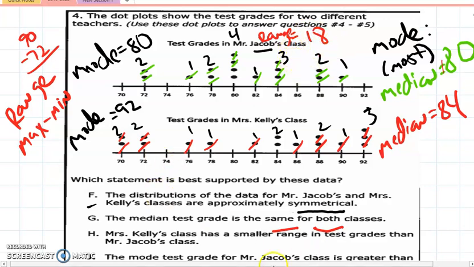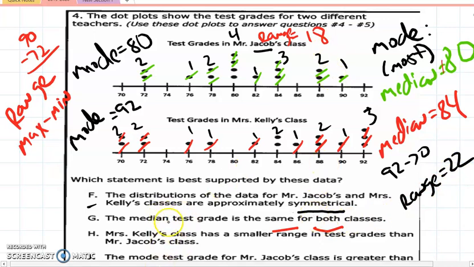Now let's find the range for Mr. Kelly. His max is 92 and his minimum is 70. So 92 minus 70, his range is equal to 20.